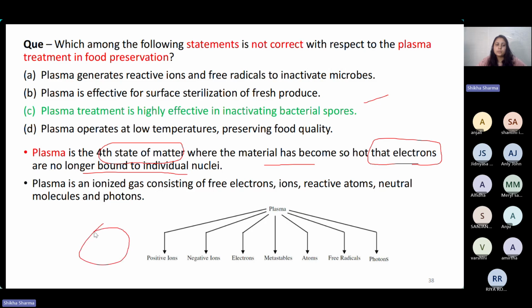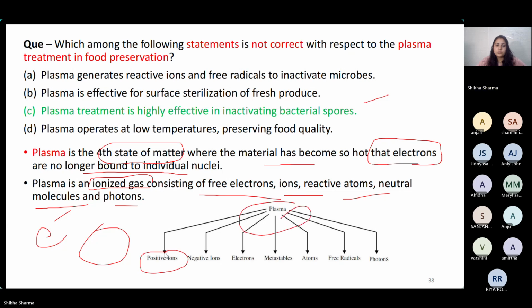So the electrons come out of the nucleus, and plasma is an ionized gas which has free ions, free electrons, reactive atoms, neutral molecules, and photons. So plasma can have positive ions, negative ions, electrons, metastables, atoms, free radicals, and photons.